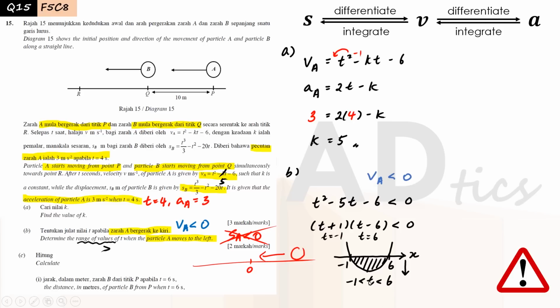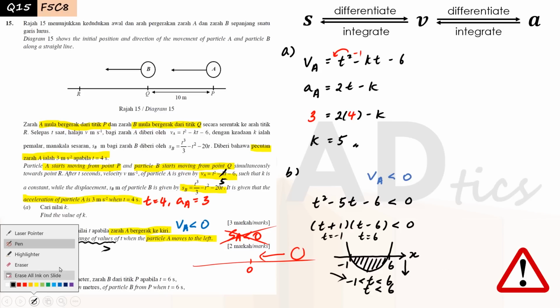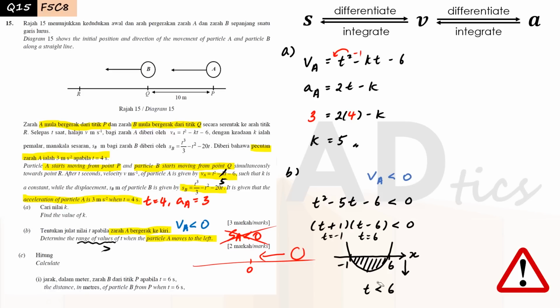But t is time, right? t cannot be negative. So what we need to do is change the lower limit here. Instead of writing negative 1, we change it so that t starts from 0 until 6. And why are we putting less than or equal to?